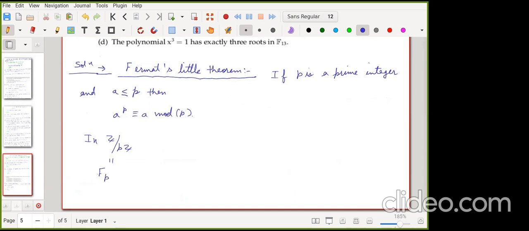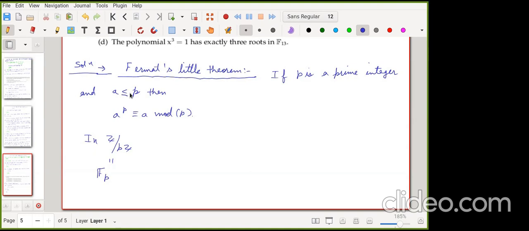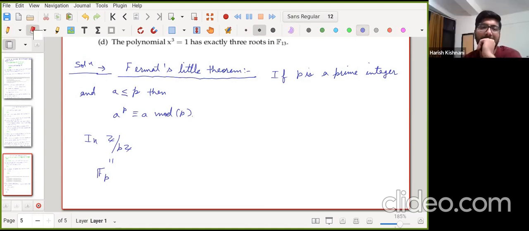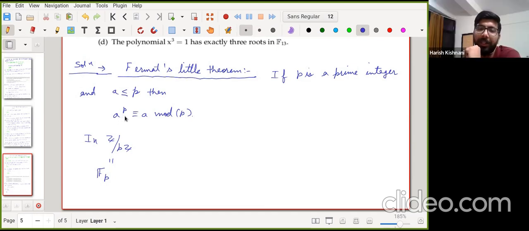P is prime and A is any integer not divisible by P. So if it is less than or equal to P, then definitely it's not divisible, right? A equal to P means P is divisible by A. But A is any integer not divisible by P. When A equal to P, then also this will follow.